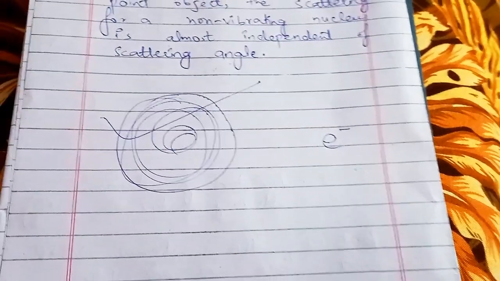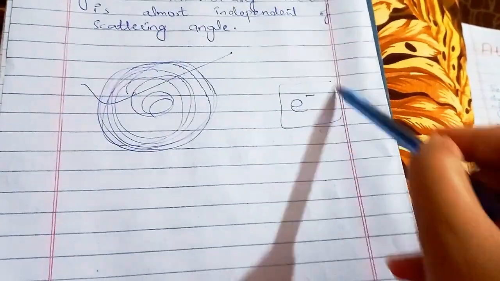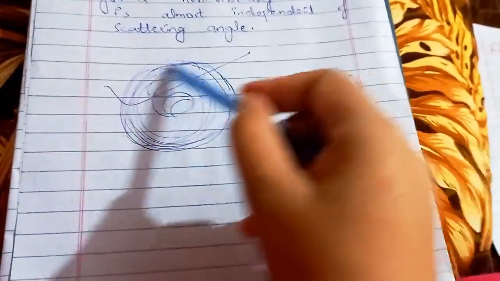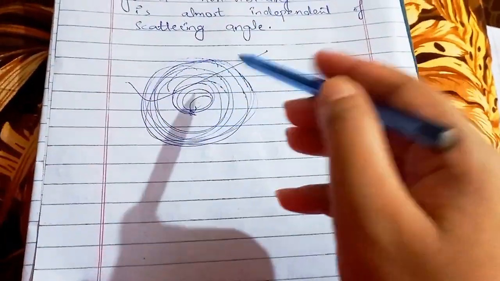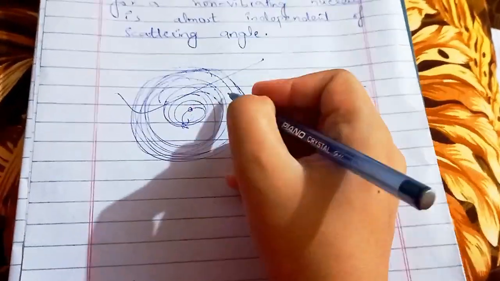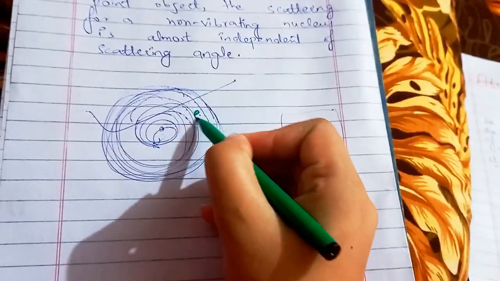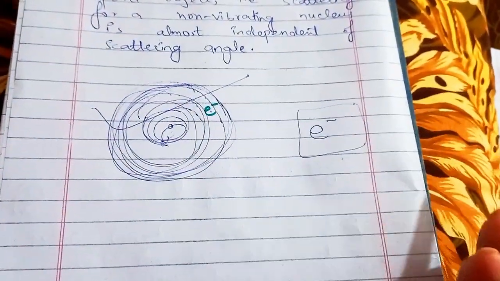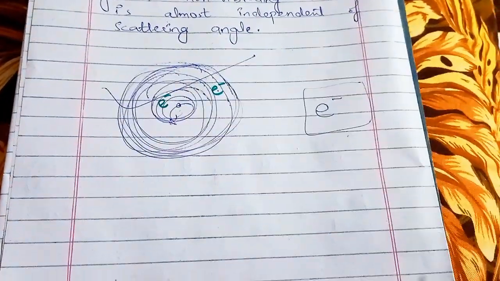We compare the ability of a many-electron system to a single electron, and this many-electron system has position dependence as well. The electron that is present at this location will have a different ability to scatter the X-rays than the electron present at this location.